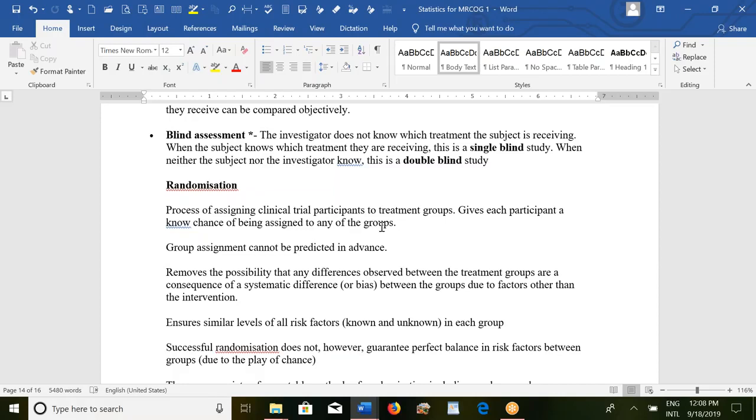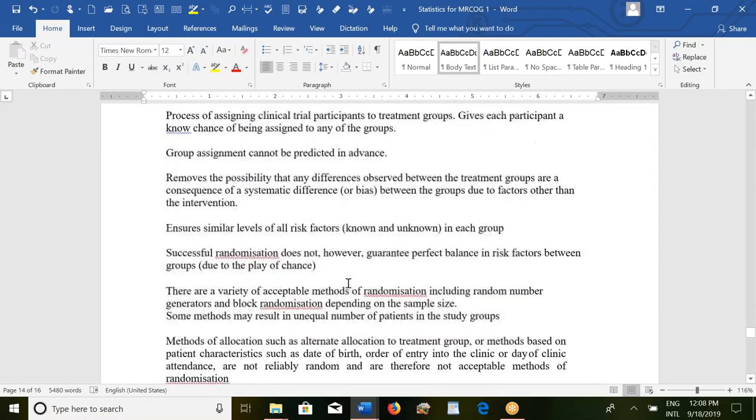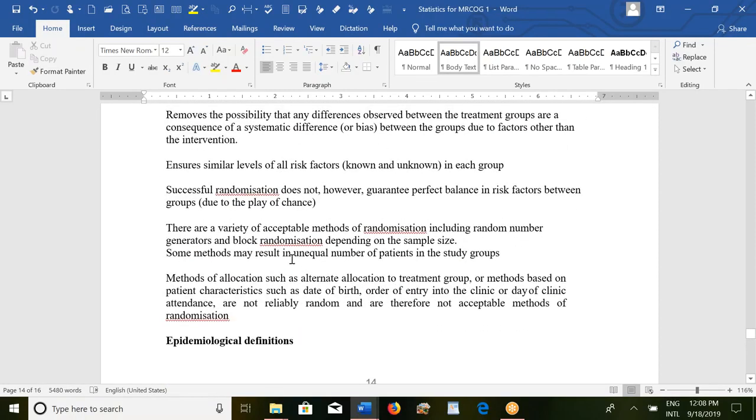Successful randomization, however, doesn't guarantee perfect balance in risk factors between groups, because something can happen by chance also. Okay, so there are a variety of acceptable methods of randomization, including random number generator and block randomization, depending on the sample size.